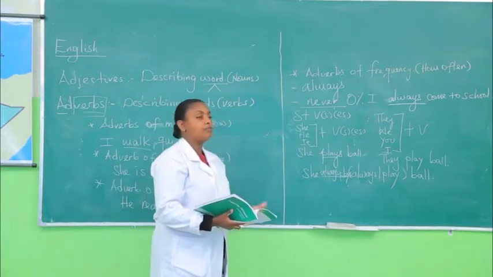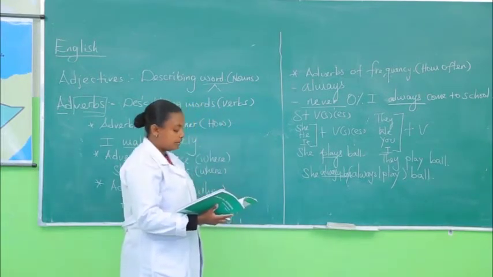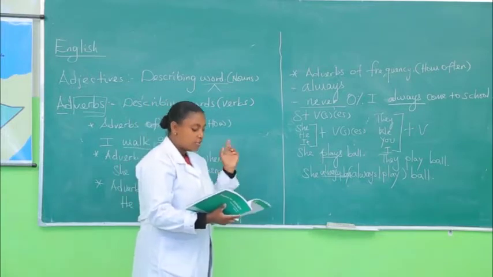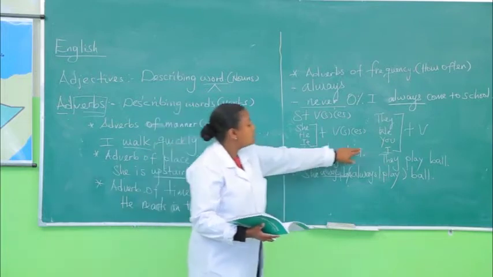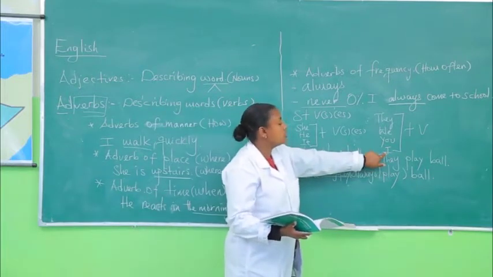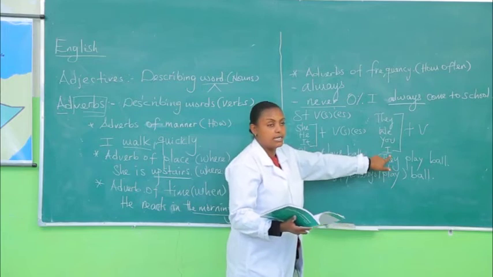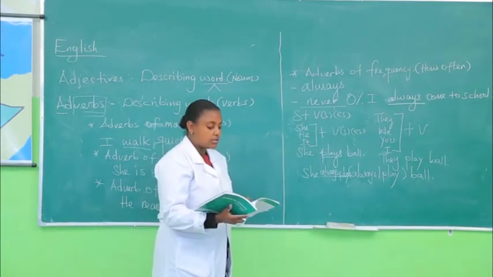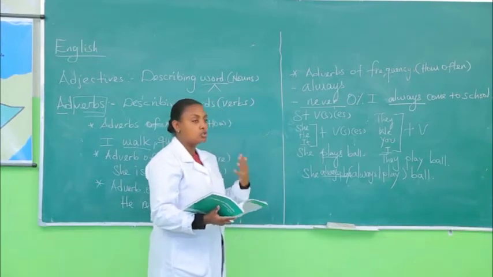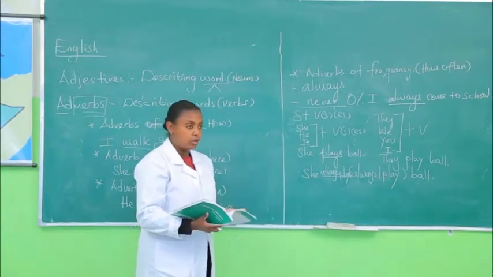The next one, I blank usually enjoy watching football games. As you can see here, I is considered like a plural subject. So there is no S on the verb. So let us do it. I usually enjoy watching football games.